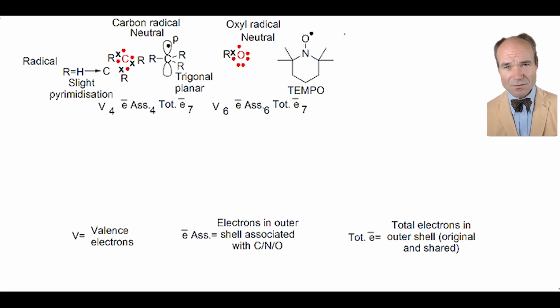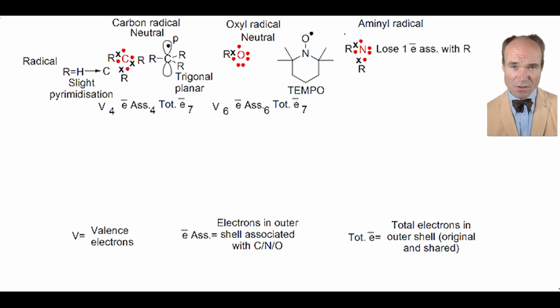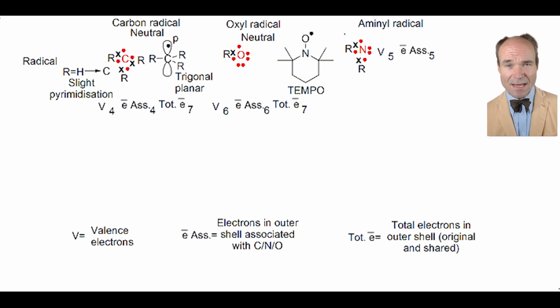The nitrogen radical is called an aminyl radical. A common trigonal pyramidal nitrogen would lose an electron associated with an R group to become an aminyl radical. Nitrogen has 5 valence electrons, and this aminyl radical has 5 electrons associated with nitrogen, due to 4 divided by 2 equals 2 electrons from covalent bonds, 2 electrons from a lone pair, and 1 electron from the radical.